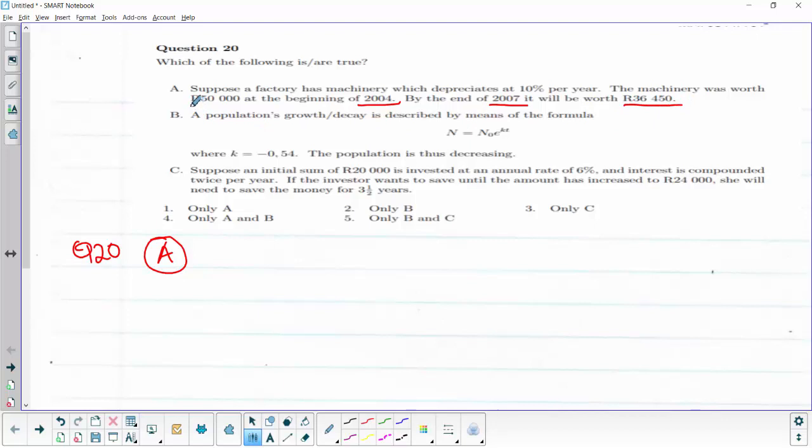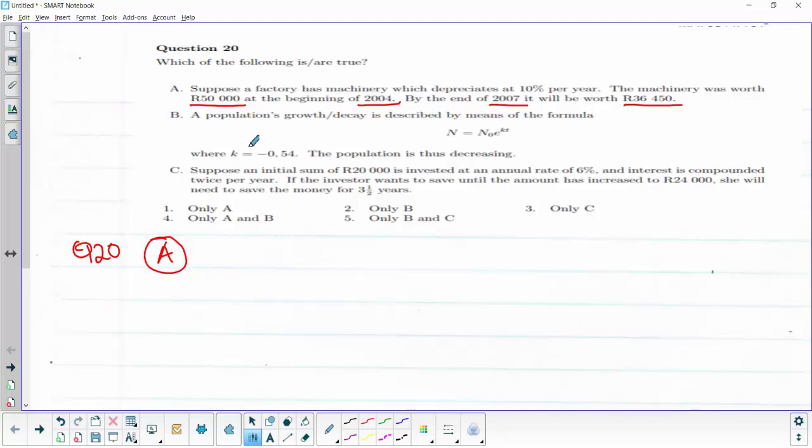So this is the initial money, which is going to be the principal, and this is going to be the amount. So we want to ascertain whether this statement is right or not, but we are not informed if this is simple interest or compound interest. But this is not interest, it's going to be decay.